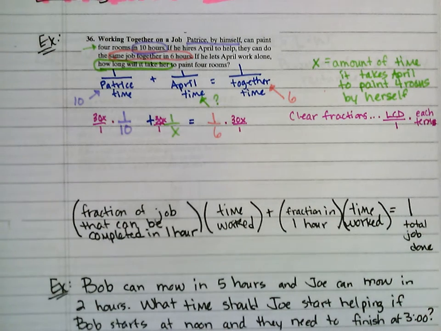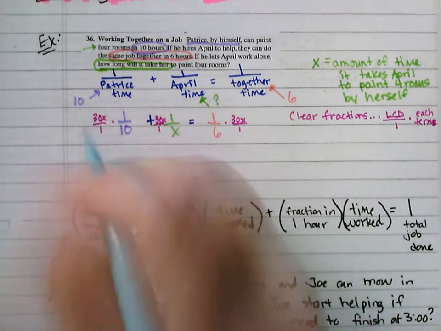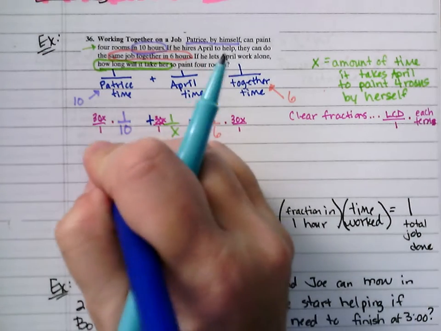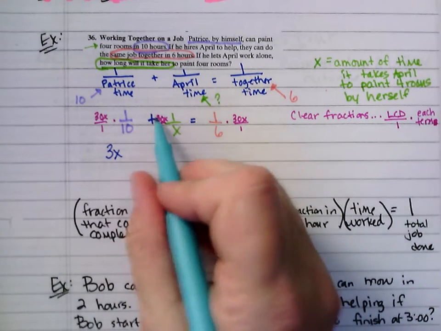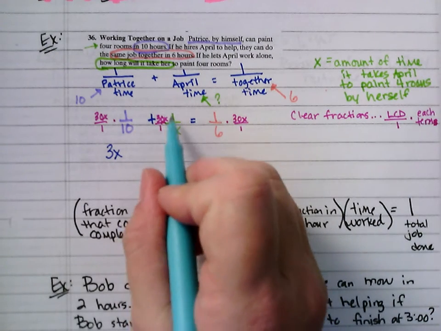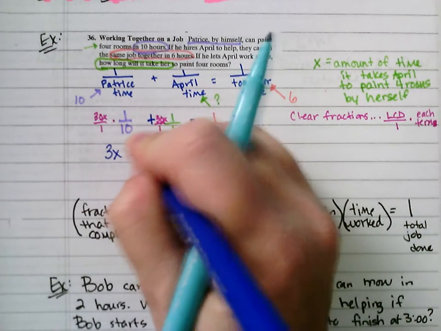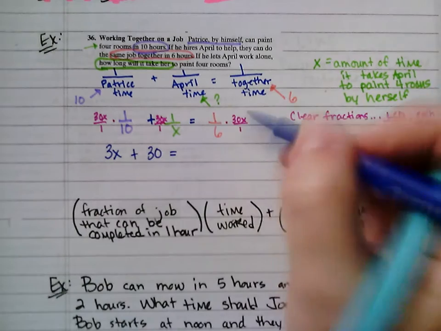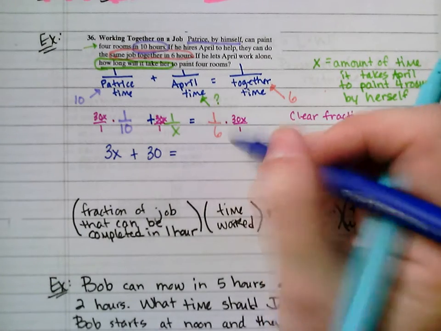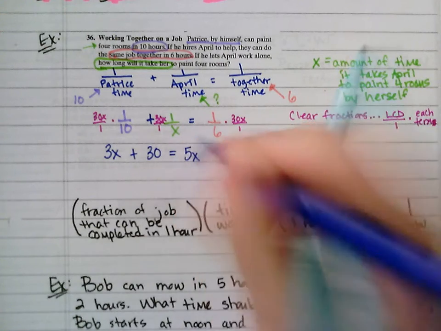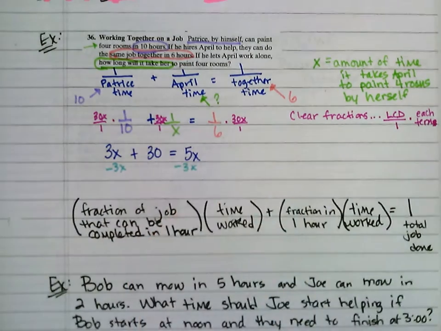30x times 1 over 10 would be 30x over 10, which is going to simplify to 3x. And then 30x over 1 times 1 over x would be 30x over x, which will simplify to 30, equals 1 over 6 times 30x over 1, which would be 30x over 6, which will simplify to 5x. And then we just solve this little equation that looks pretty straightforward.